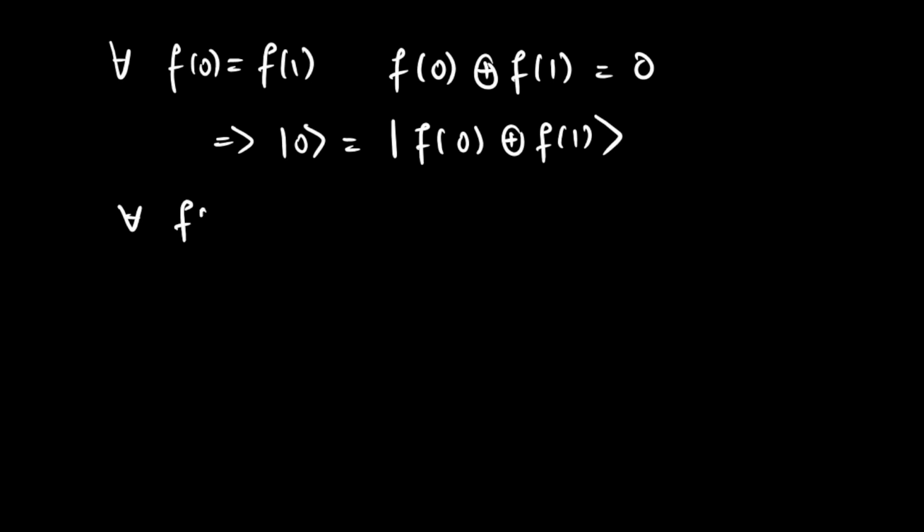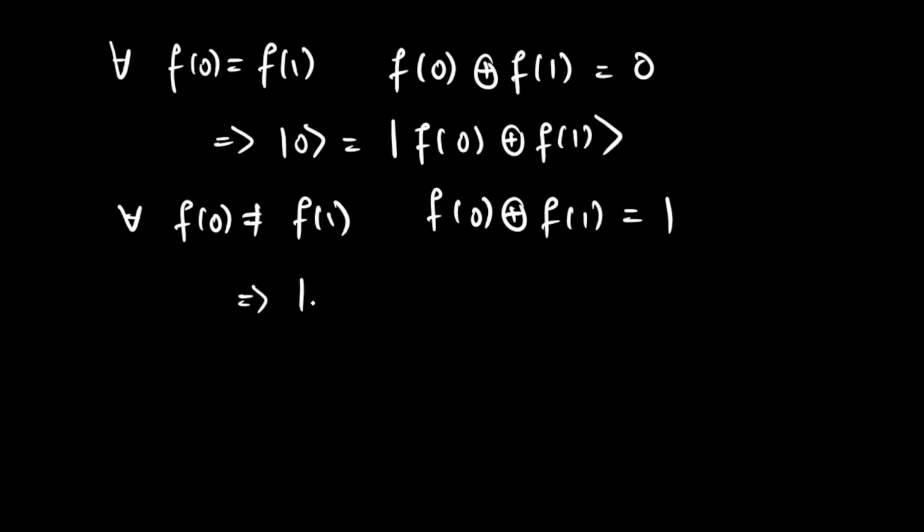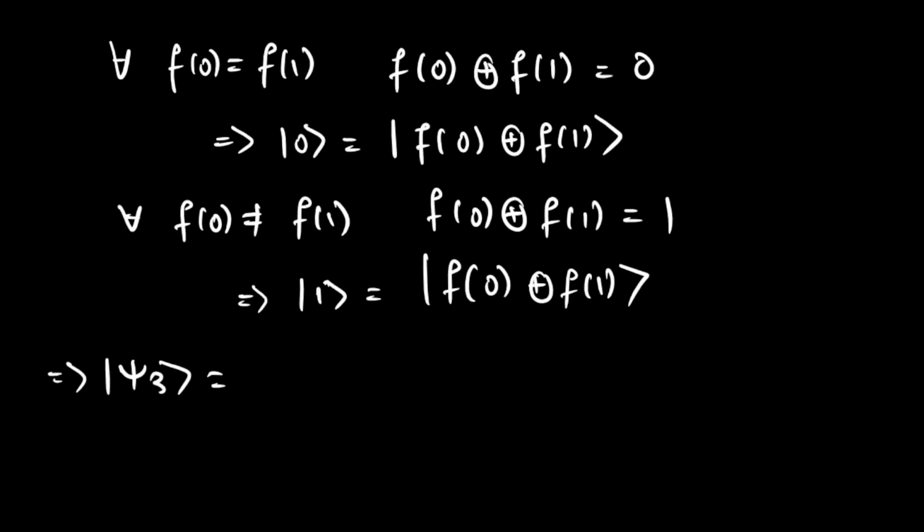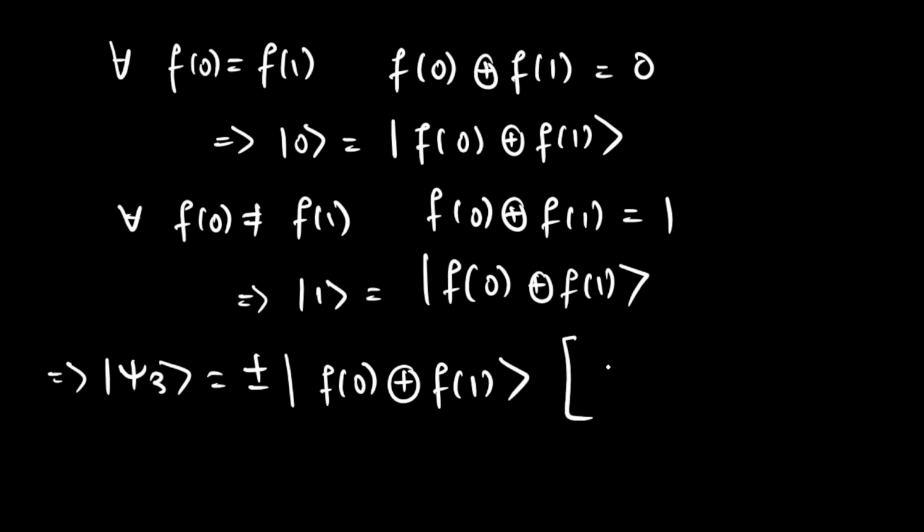And for all f(0) not equal to f(1), f(0) XOR f(1) will be equal to 1, which implies the 1 state can be written as |f(0) XOR f(1)>, which implies our psi3 state, which was given by this result, can be written as plus or minus |f(0) XOR f(1)>(|0> minus |1>)/root 2. And this is for all the cases when f(0) is equal to f(1) and f(0) is not equal to f(1). So this was the result of psi3.